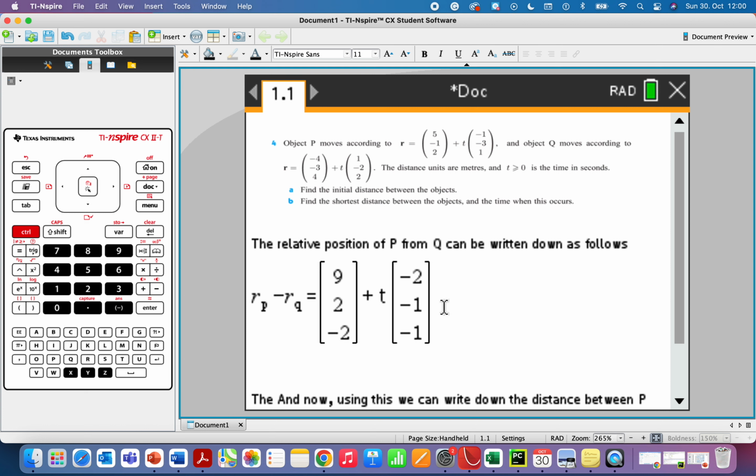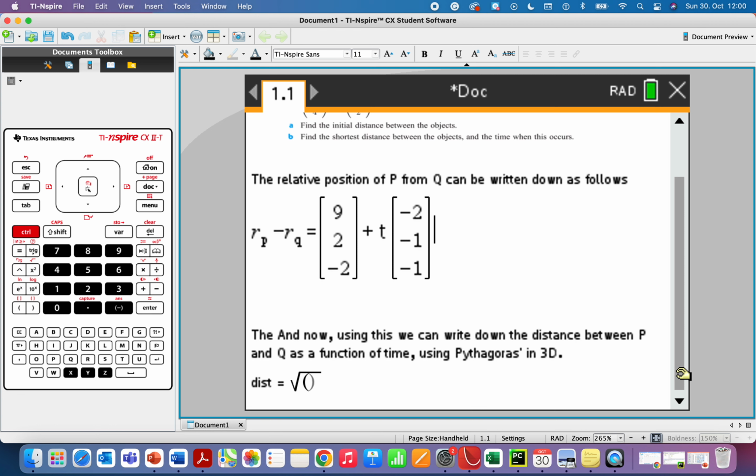So there we go. And from that simple equation, the relative position of one object from the other, we can now answer part A and part B. Part A and part B talk about the actual distance. We've got the relative position. So it's a simple step now from the relative position to write down the distance between the objects. And that's straight from the distance formula, Pythagoras.